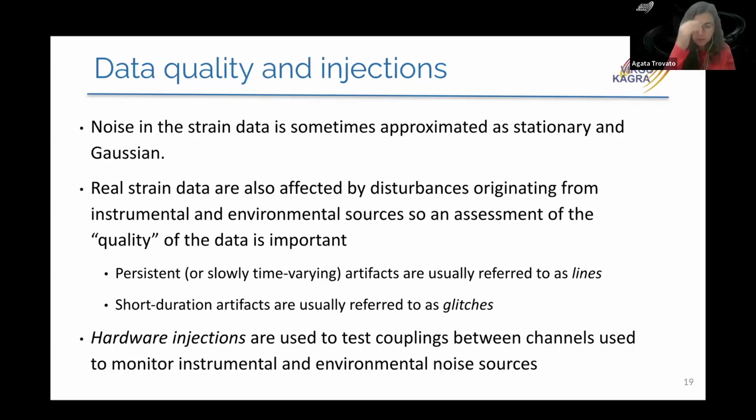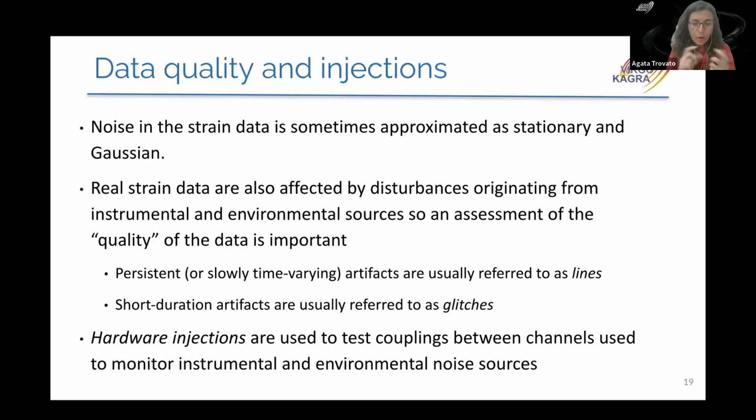These lines are caused by many things, by the main line of the electric system. Also the calibration I was mentioning before creates some lines, but also many other things in the detector. Another kind of noise that is present in the detector is what is called a glitch.